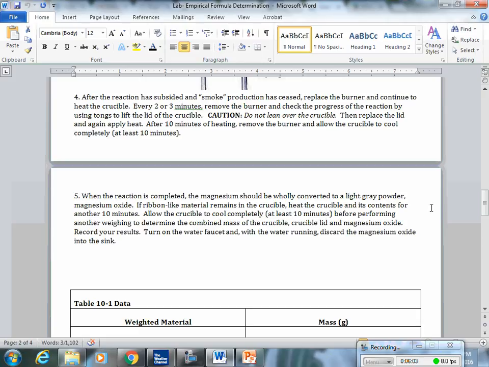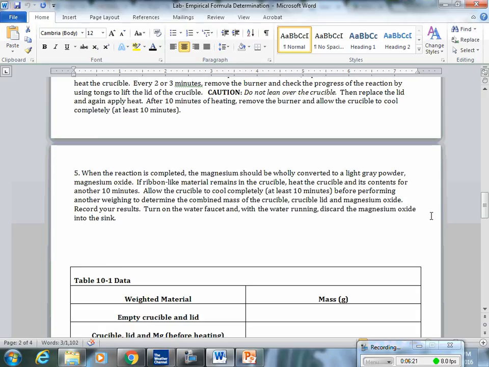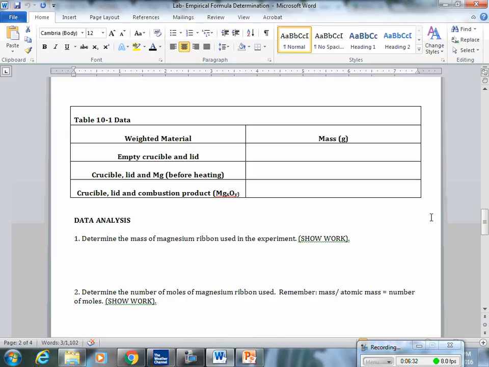So once you think your reaction is completed, look into the crucible to make sure that you can't see any more of the magnesium ribbon. Allow the crucible and its contents to cool, and then mass the crucible. Like I said before, when you are completed, you can discard the magnesium oxide into the sink. Just make sure you rinse it down with an adequate amount of water.